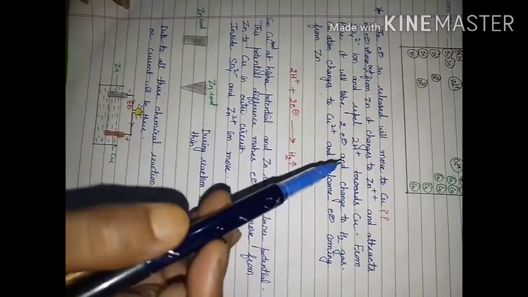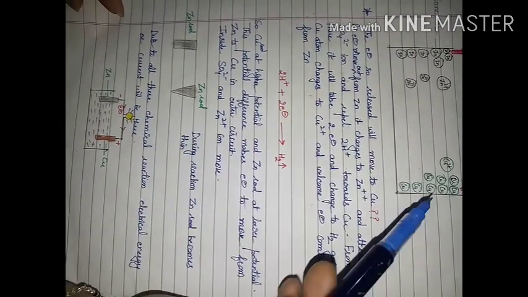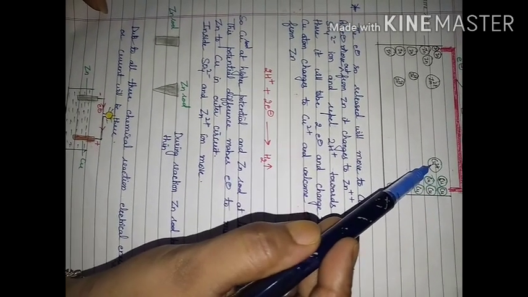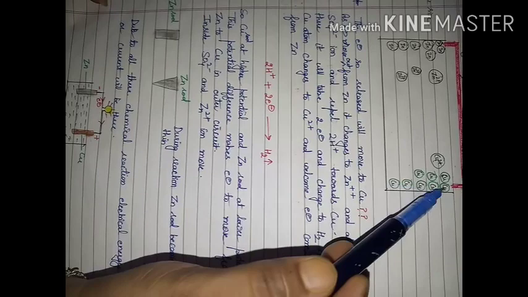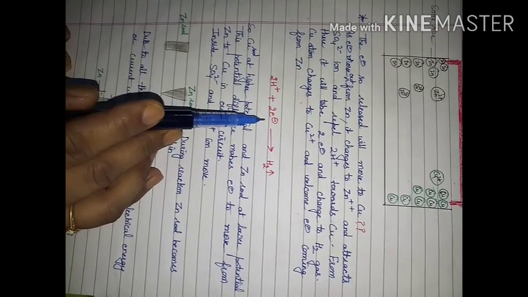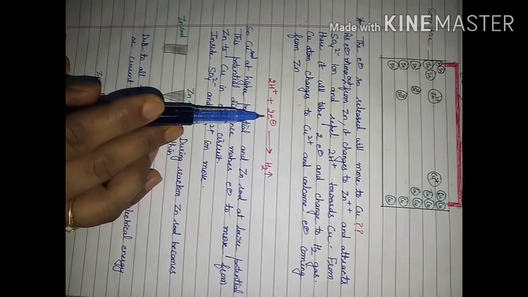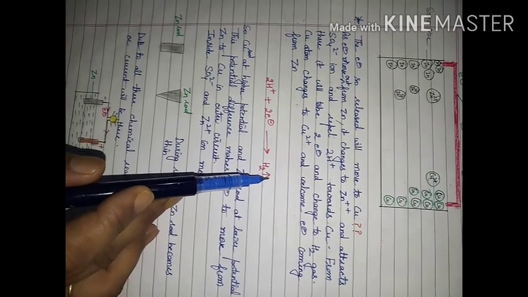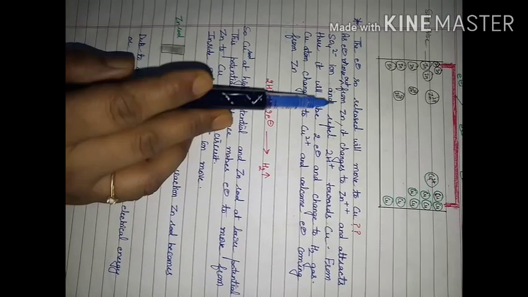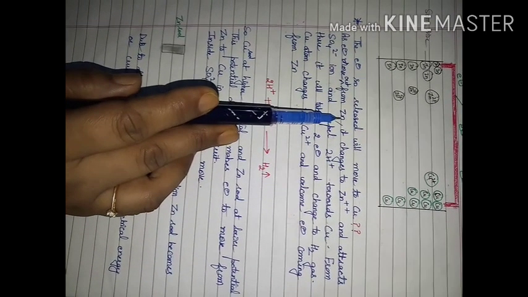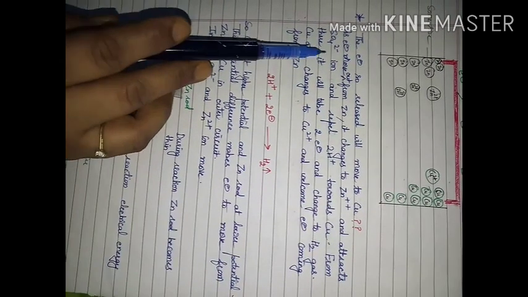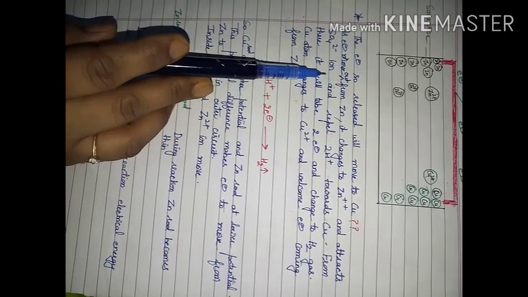So these hydrogen ions will take electrons from the copper atom, and the copper atom will change into a copper ion. So positive polarity will be on this side. Hydrogen ions will gain 2 electrons from the copper atom, and this will change into hydrogen gas. As electrons move out from the zinc atom, it changes into a zinc ion and is attracted towards sulfate ions to form zinc sulfate.